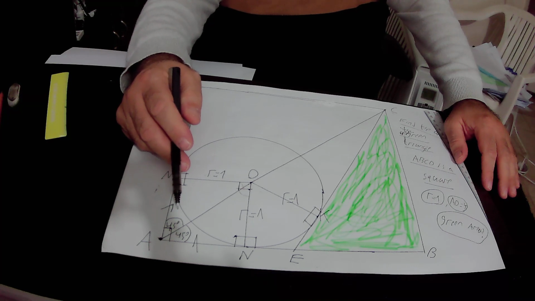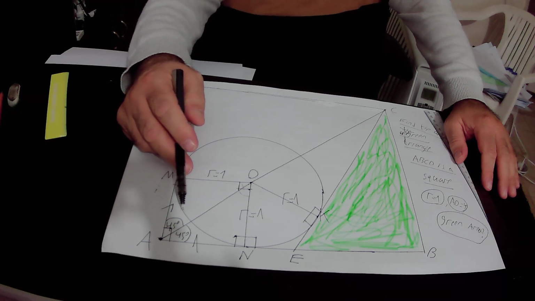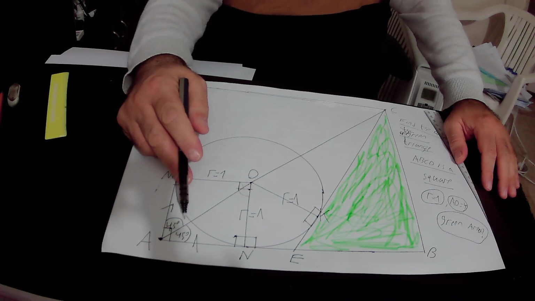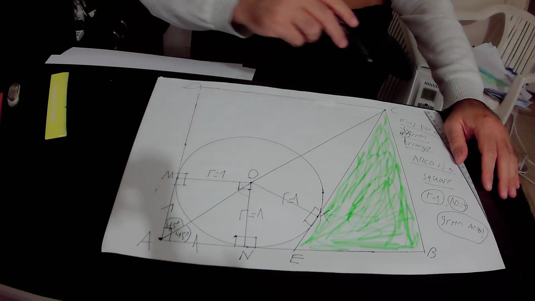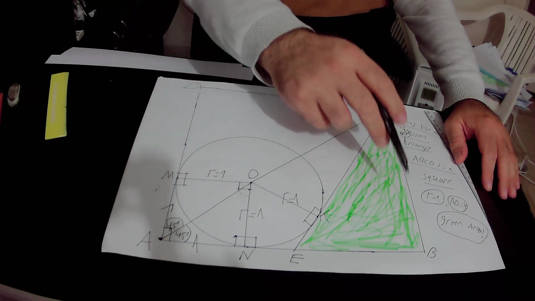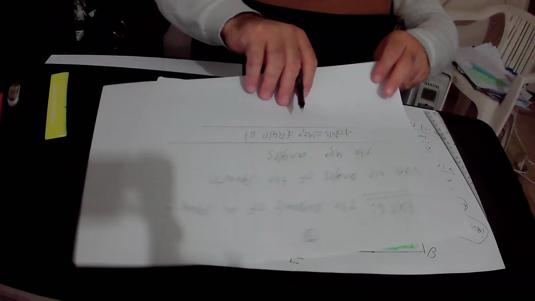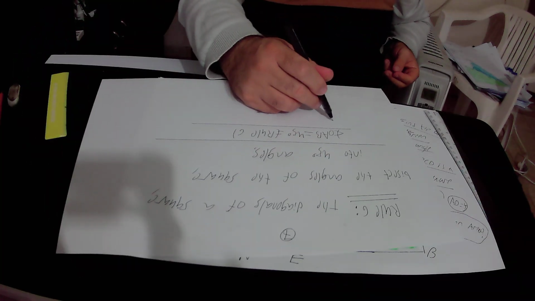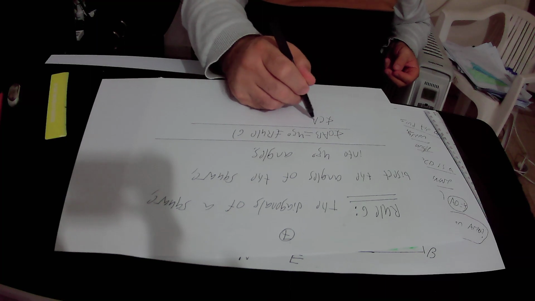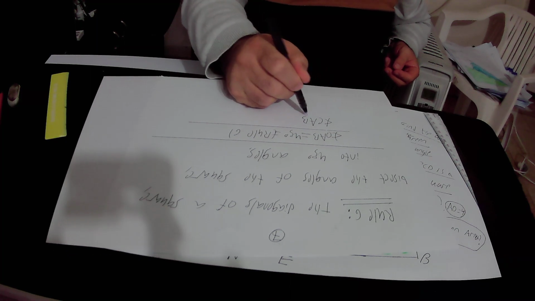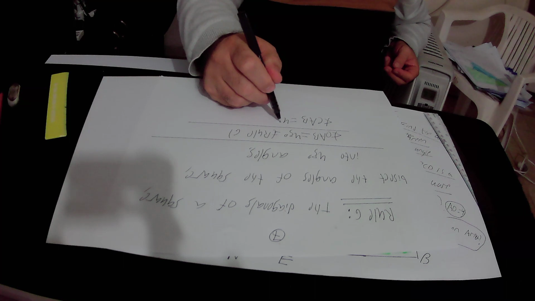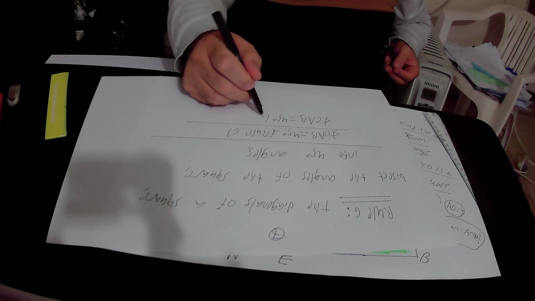That is to say, this angle will be equal to 45 degrees and this angle will also be equal to 45 degrees. That is to say, angle CAB also equals 45 degrees according to rule number 6.